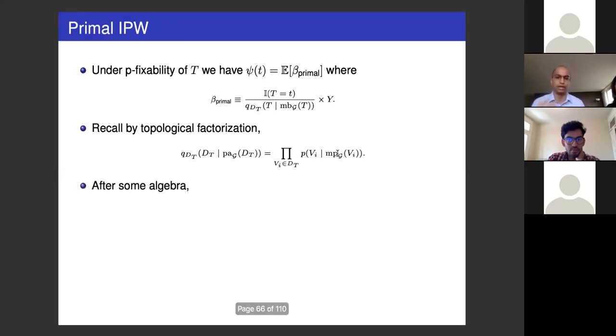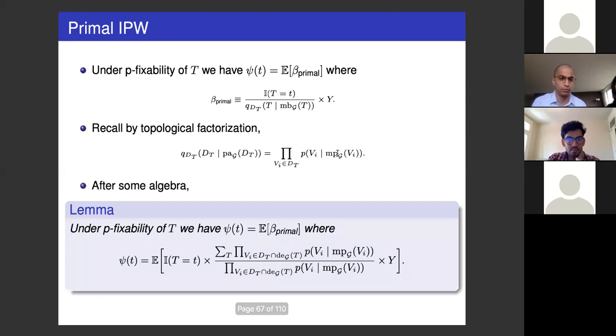And then if you apply some algebra, what you end up with is that under p-fixability of the treatment, the target is given like so. Replacing this nested propensity score with its identifying functional, we'll see that it's actually a ratio of a product of conditionals. So what's in this product?